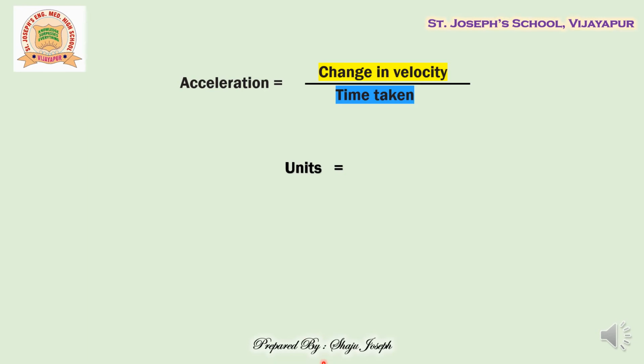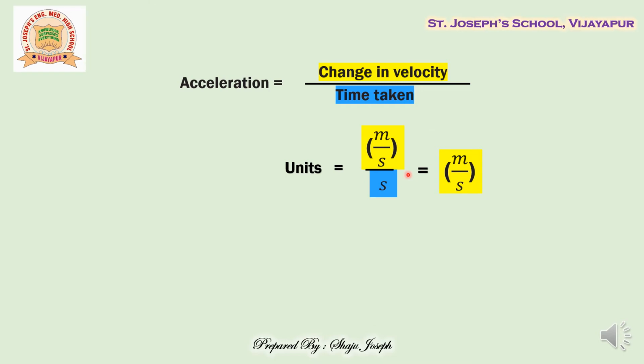Change in velocity is actually the same kind of physical quantity, final and initial. So their unit will be meter per second in the numerator. And in the denominator we have time taken. Its SI unit is seconds. So what do we have here? Change in velocity is in meter per second divided by time taken in seconds.